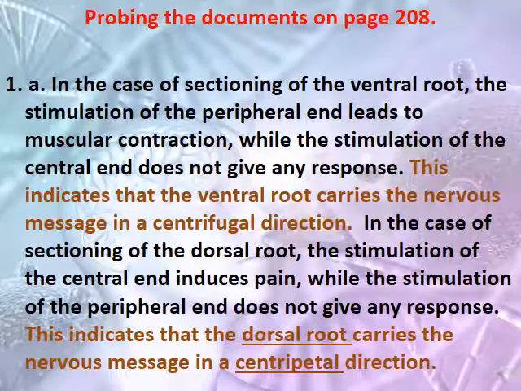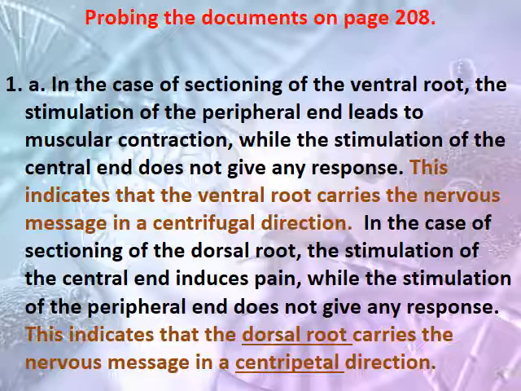Proving the documents: in the case of sectioning of the ventral root, stimulation of the peripheral end leads to muscular contraction, while stimulation at the level of the central end doesn't give any response. This indicates that the ventral root carries the nervous message in a centrifugal direction.